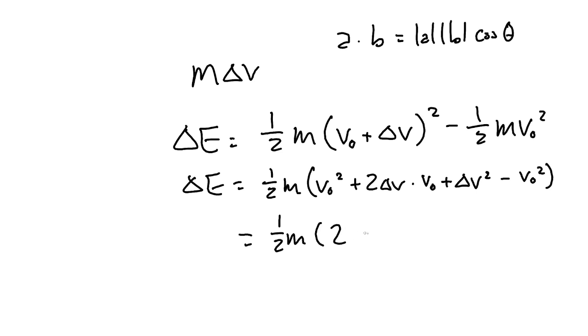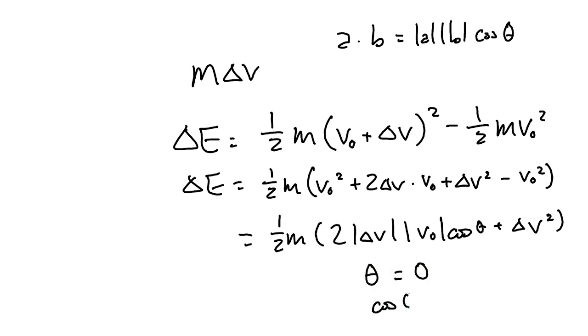So that means that we have 2 times r dv times r v naught cosine theta plus v squared, right? And so first thing, to maximize this, we need to have our impulse directed along the satellite's velocity, right? Because that means that our angle would be equal to 0, where our cosine theta would be equal to 1, which is our maximum value, right?